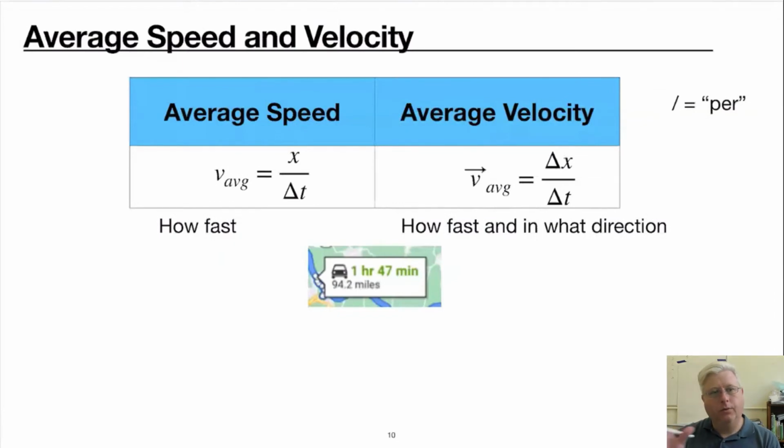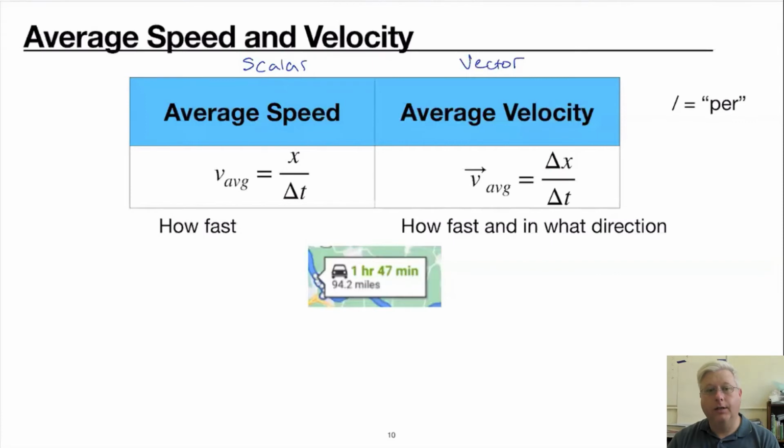All right, and so now we mentioned speed, velocity, average velocity. Well, there's a difference between speed and velocity. Speed is a scalar quantity, and velocity is a vector quantity, because speed has a magnitude, no direction.